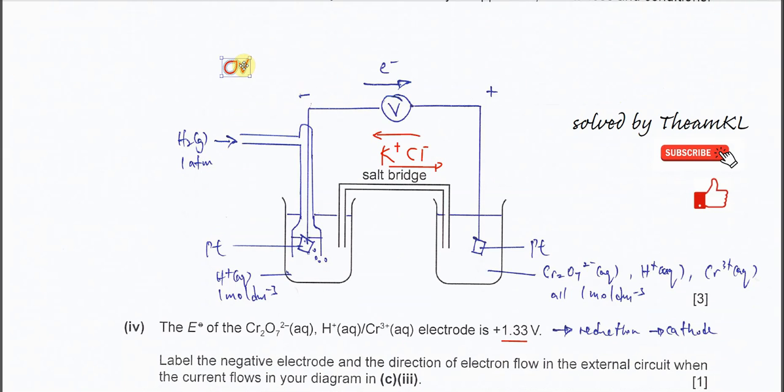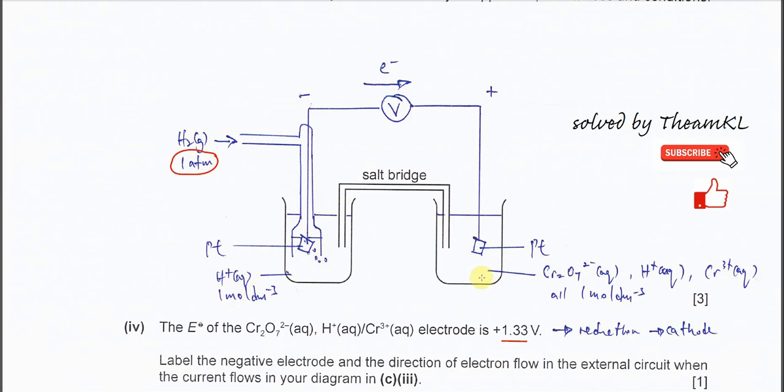Now, for this one, because it's a partial diagram, the blue color is what I put. So you have to draw the gas electrode, something like this one. The hydrogen gas with pressure 1 atm has to push into the half cell, and we use the platinum electrode here with the acid solution 1 mole per dm cube. Okay, this is for the SHE.